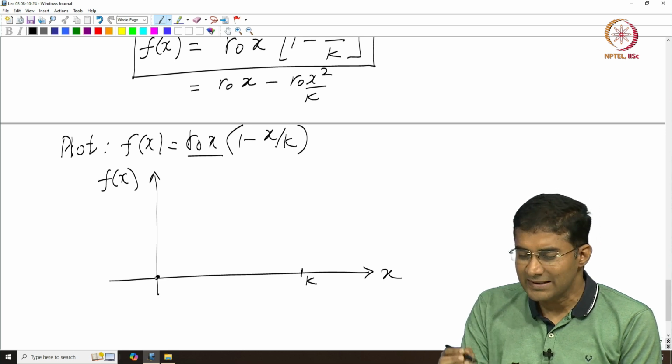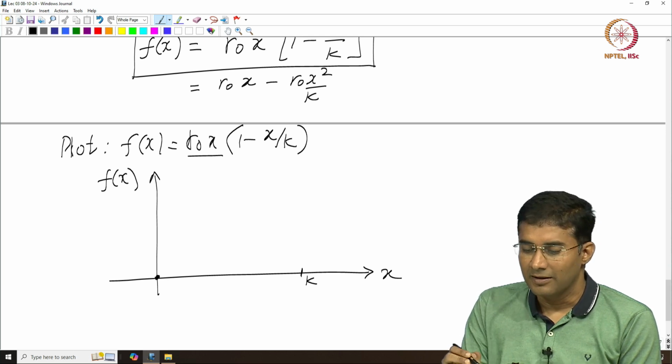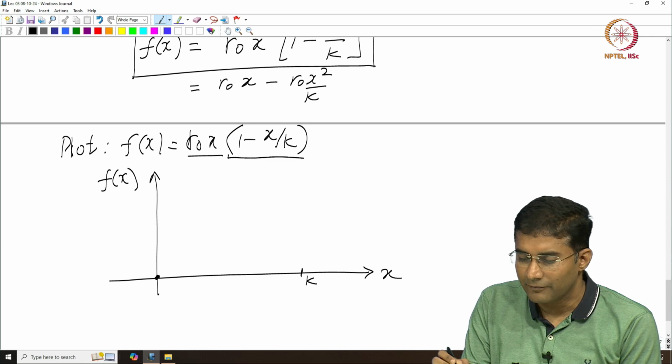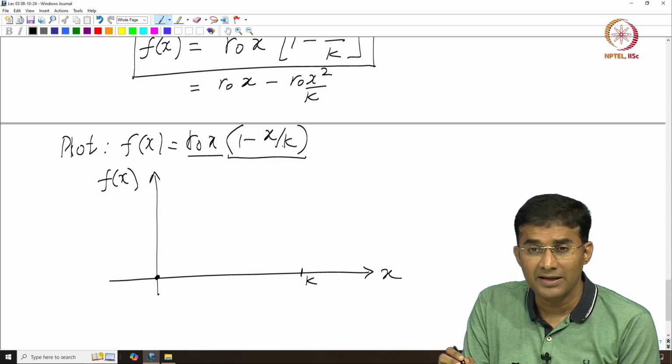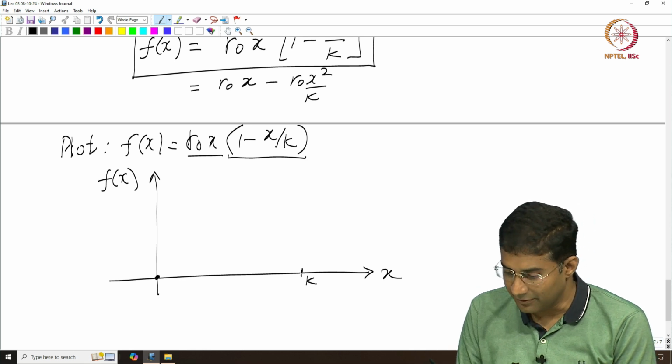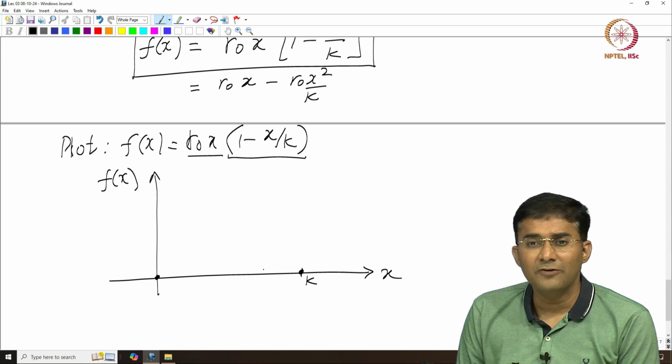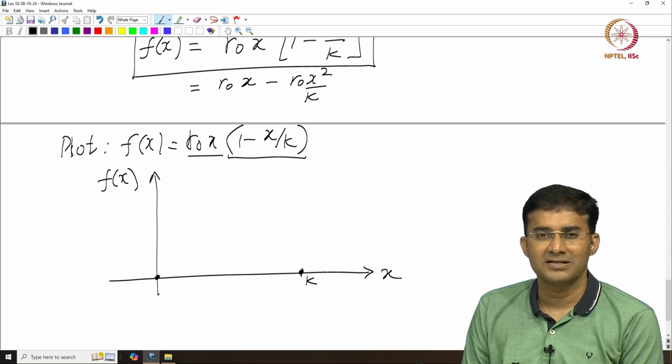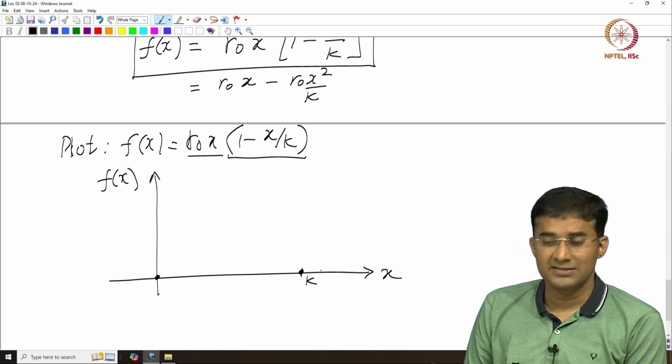And what happens when x equal to K? Again, the second term becomes 0. When x equal to K, x by K is 1, and 1 minus 1 is 0. So, f of x again becomes 0. So, we have identified two values of population density where the growth rate is 0.